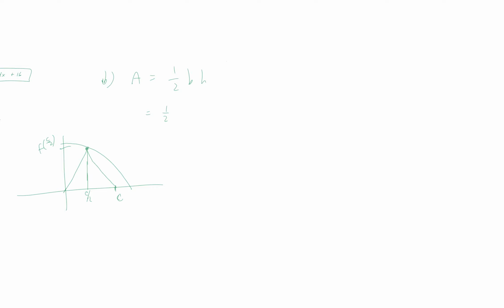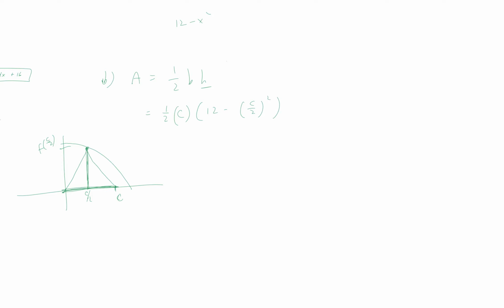Now we know the base itself is going to be c. That's the whole base. And then the height would be the equation of f of c over 2. The equation, I believe, was 12 minus x squared. So it's going to be 12 minus (c over 2) squared.